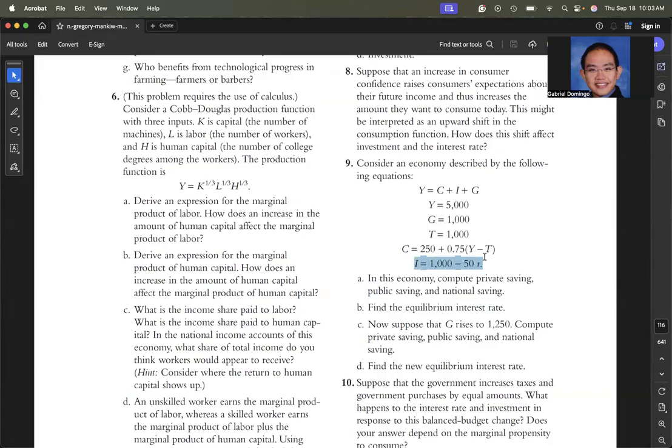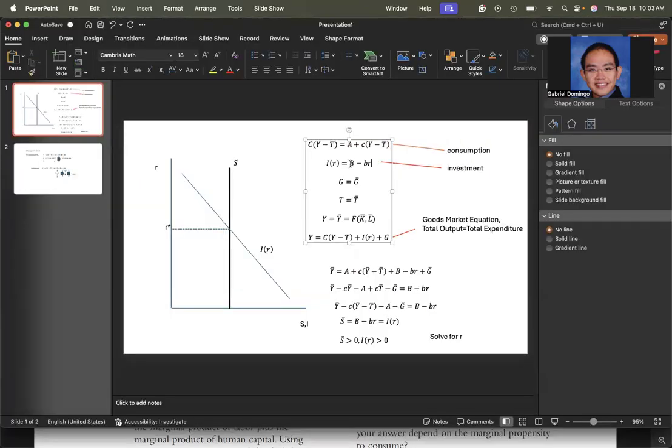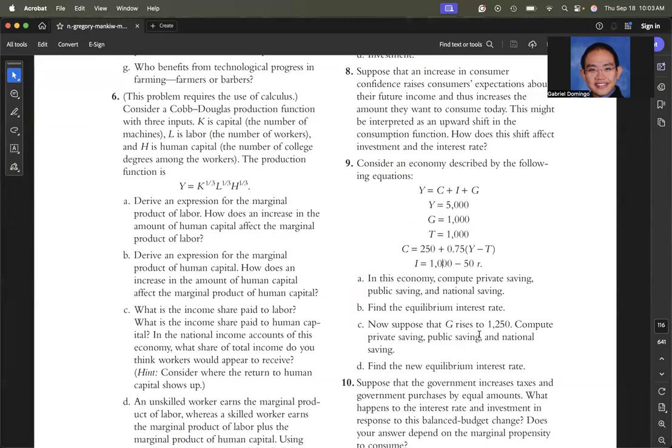Here's your investment, which is 1,000 minus 50R, whose counterpart is this one. So in the book, the big B is 1,000. Your small b is 50. And notice the negative sign there. If you use these toy numbers, you'll find that savings is positive.